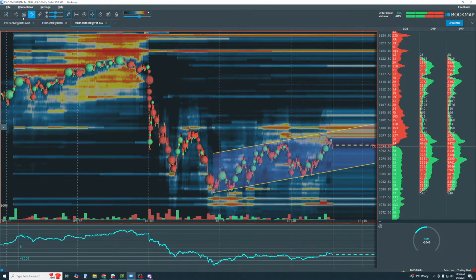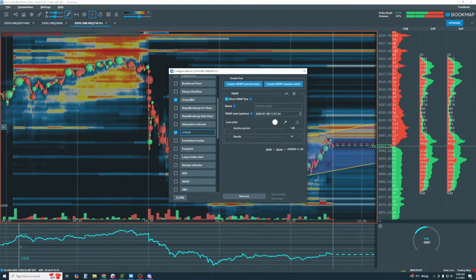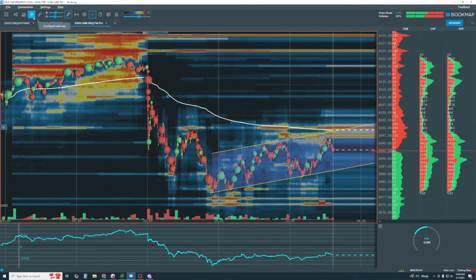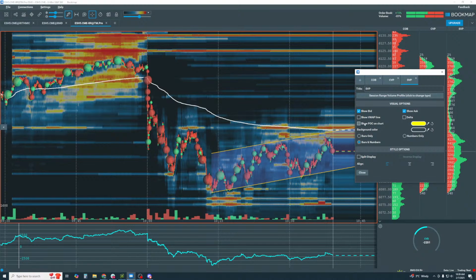Let's put our higher time frame on here as well with our VWAPs. And let's put in POC as well.